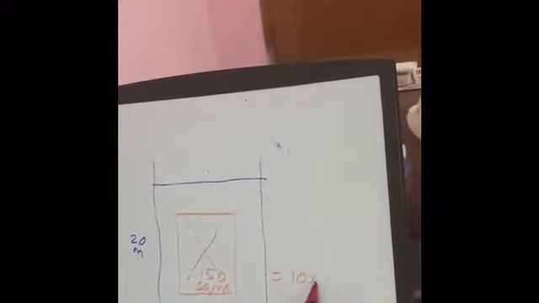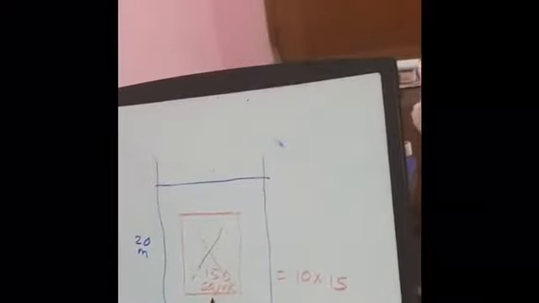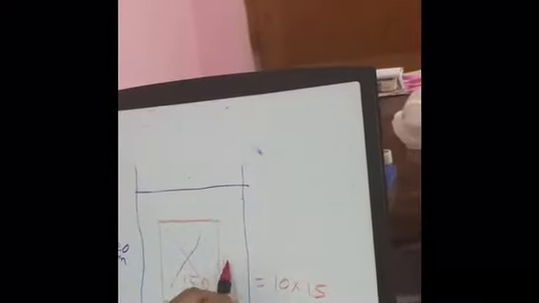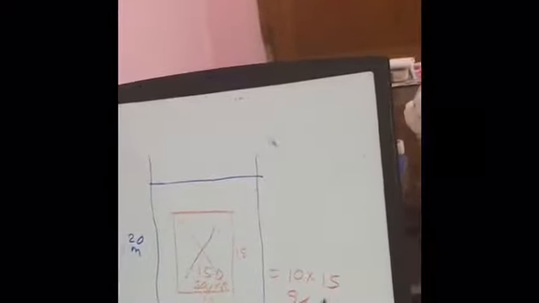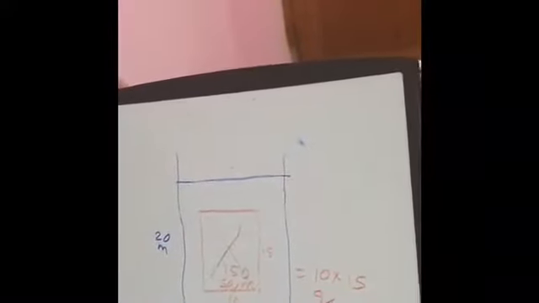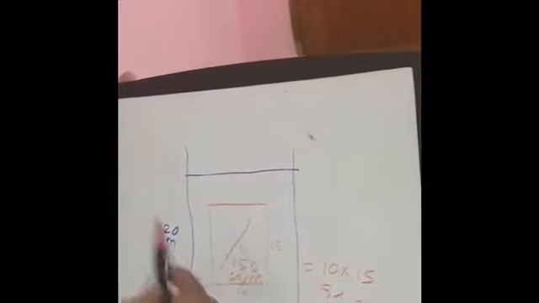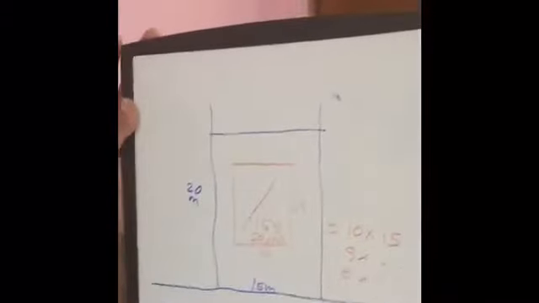You can convert it into 10 by 15. So this is 10, this is 15, or variations of this, 9 by something or 8 by something, depending on your room requirements. So for us, the bottom line is 150 square meters.